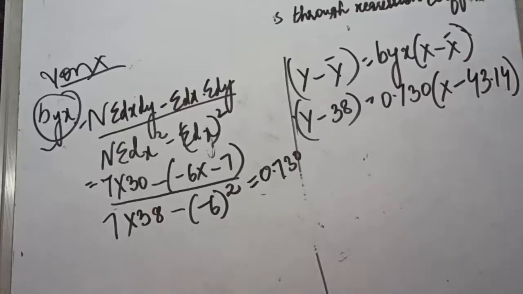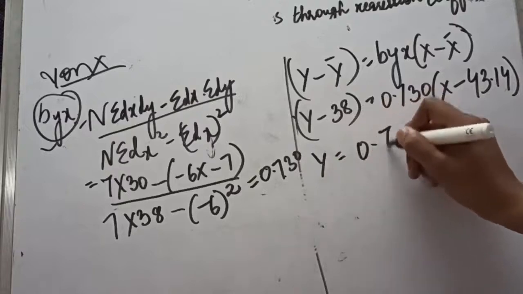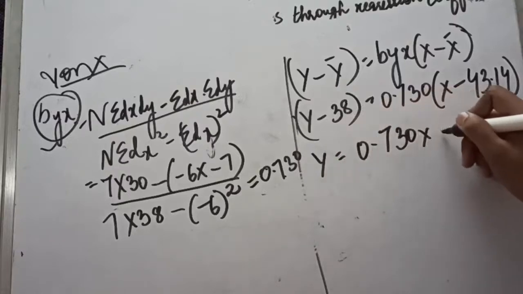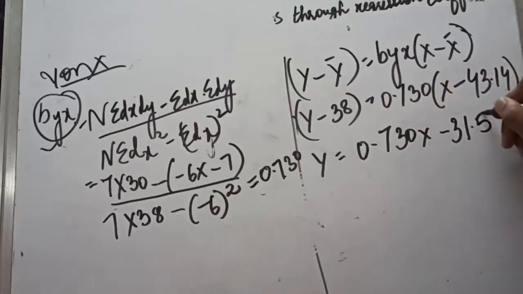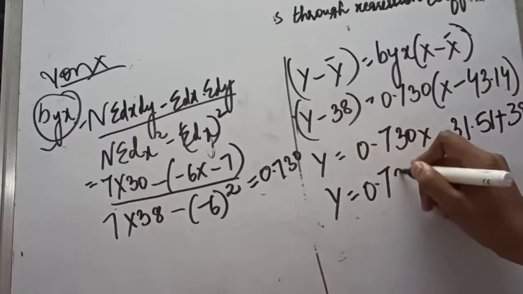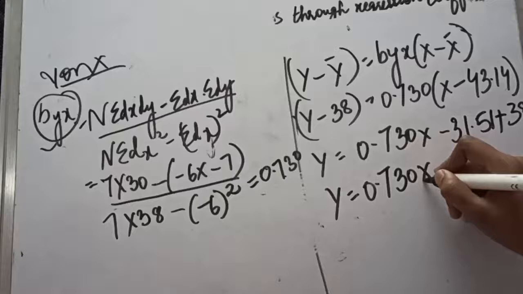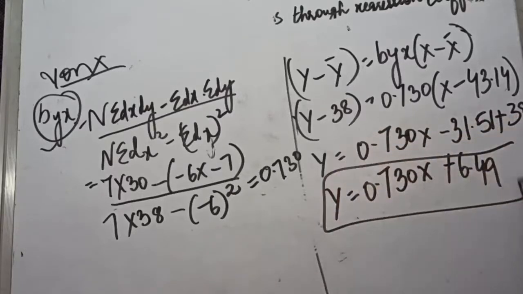We will solve this, and y will be kept on the left hand side. It will be this, minus 31.5, and this 38 will come on the right hand side, and the final second answer will be y equals 0.730x plus 6.49. This is our second answer.